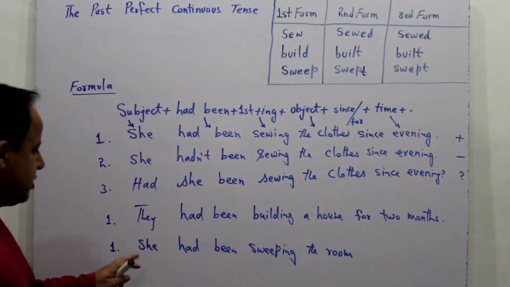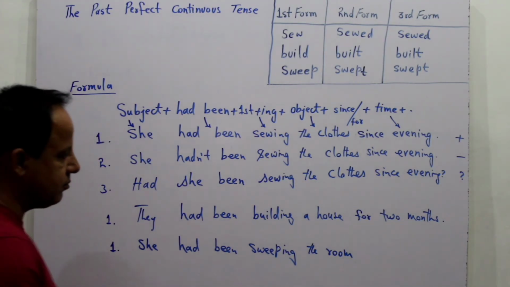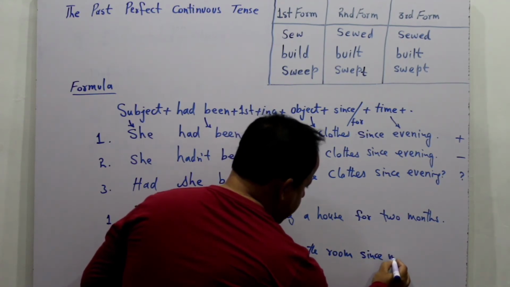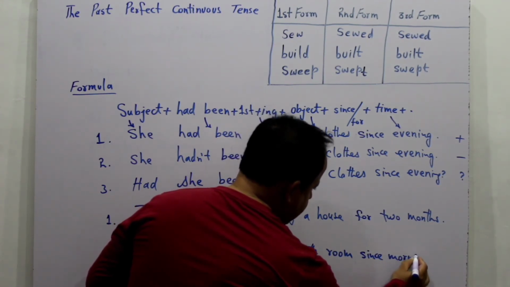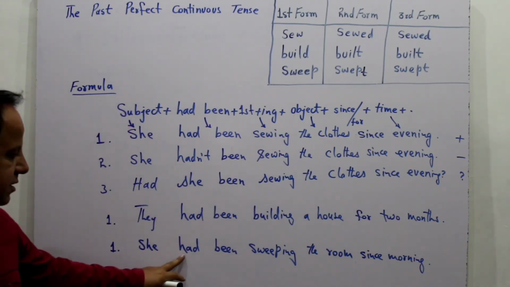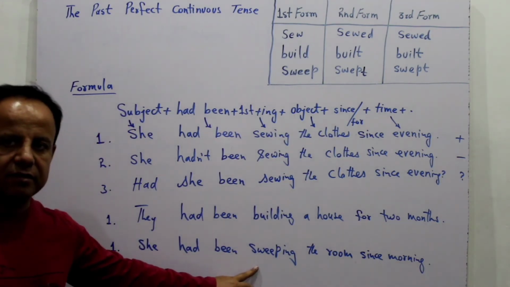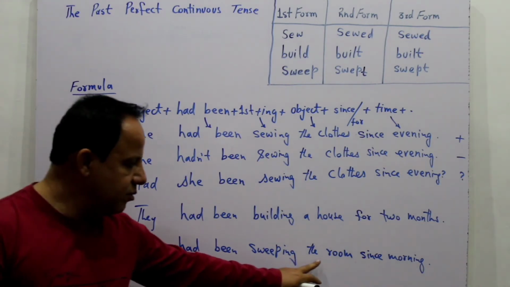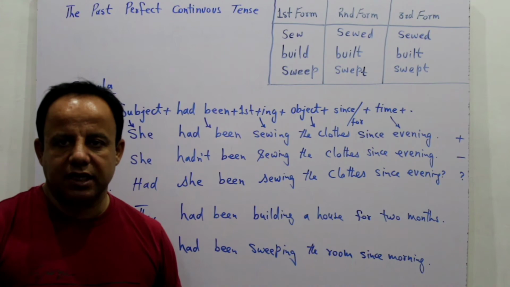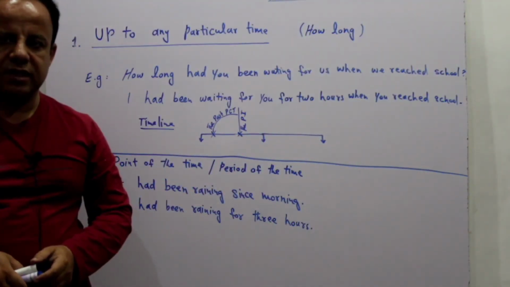For example, she had been sweeping the room since morning. Here she is our subject, had been is the helping verb, sweeping is our present participle, the room is the object, and since morning is the adverb of time. Hope you got them, and you can mention the definition of the past perfect continuous tense.